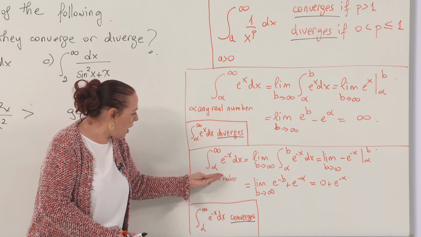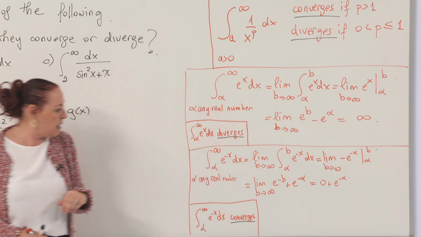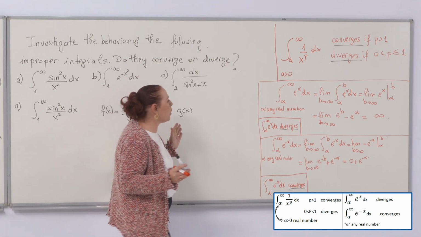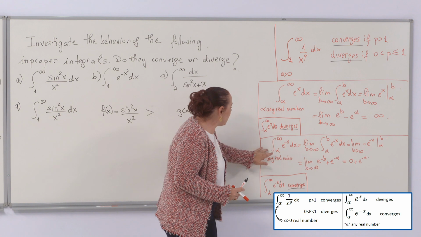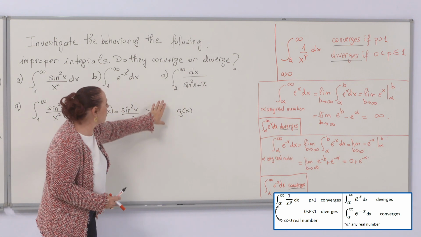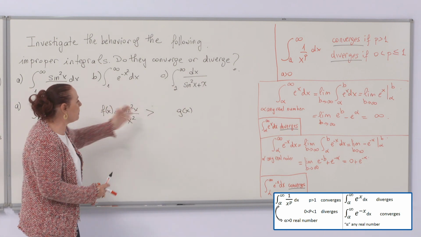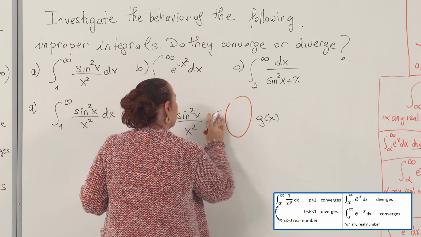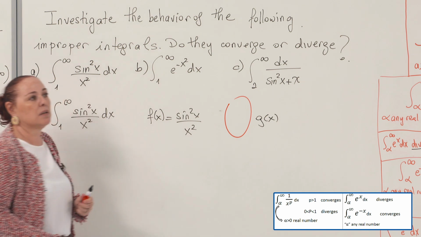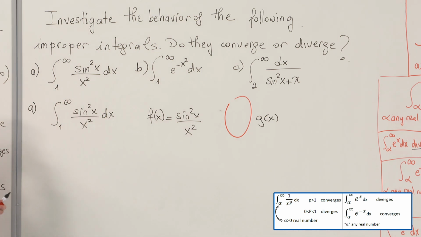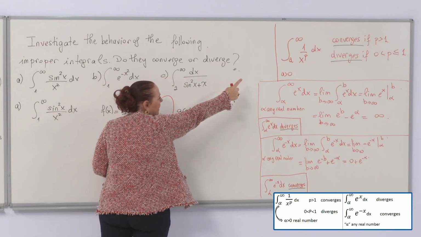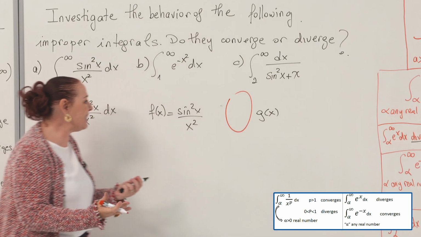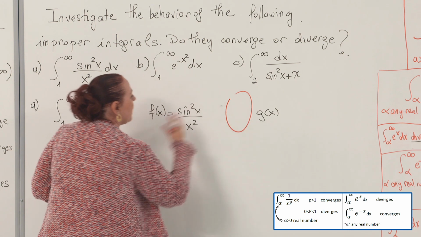And also I have e to the power minus x, which I know converges. So overall, I have these 3 options to put on the right-hand side, either something bigger or smaller, provided that I know the comparison.